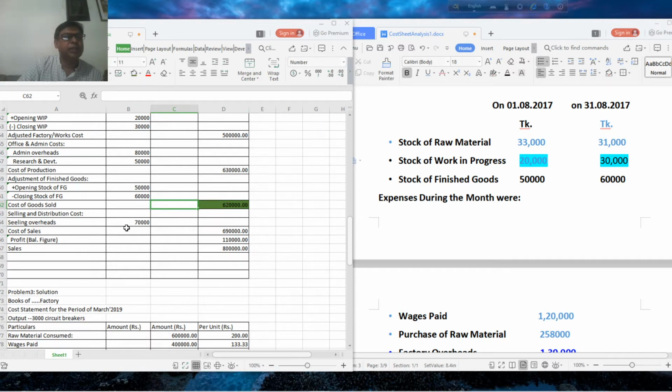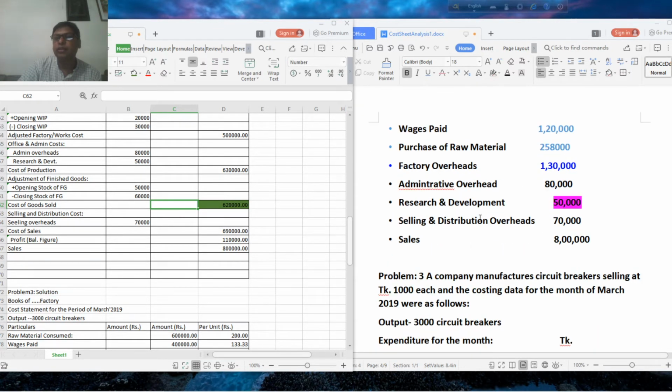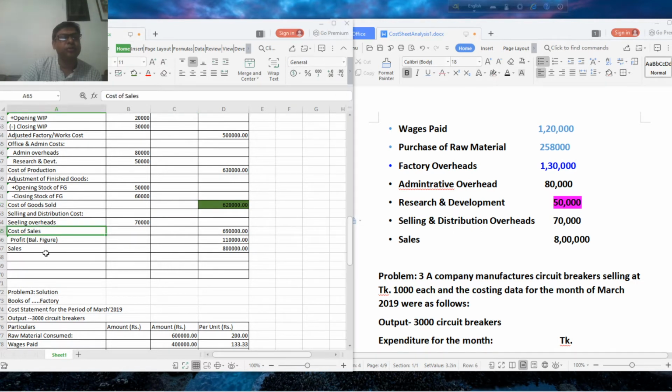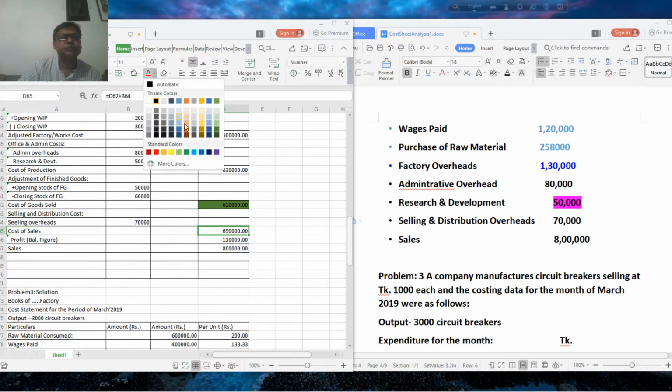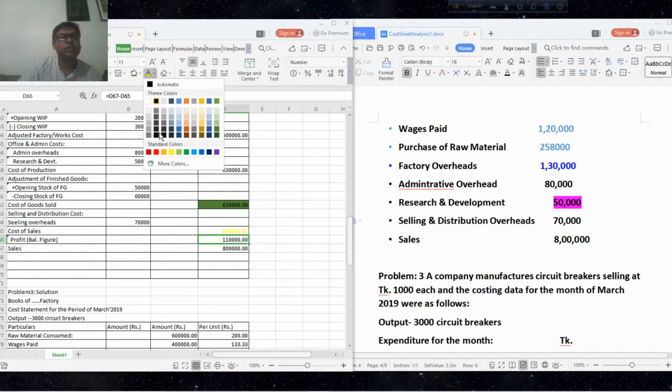After finding out the cost of goods sold, we have to consider the selling and distribution or marketing overheads. Here it is giving only one component, selling and marketing overhead, 70,000 taka. So after adjusting it, we will find out the cost of sales. So this is the cost of sales.